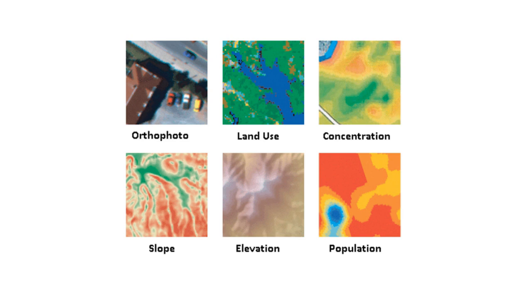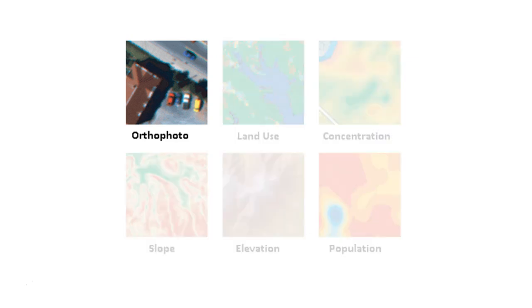There are 6 main types of rasters that we deal with on an ongoing basis. The first one would be orthophoto. Second, land use, concentration, slope, elevation, and population. 5 of these are what we would call thematic rasters, and the oddball here would be the orthophoto. The orthophoto is what we call a multi-band product.